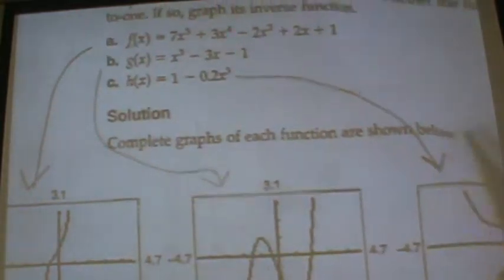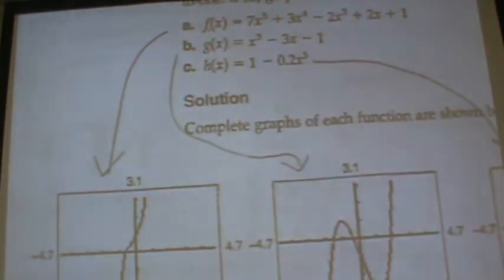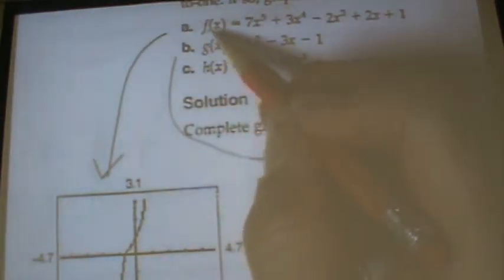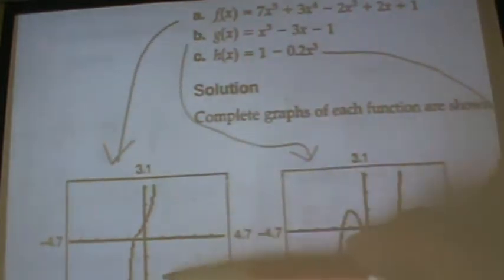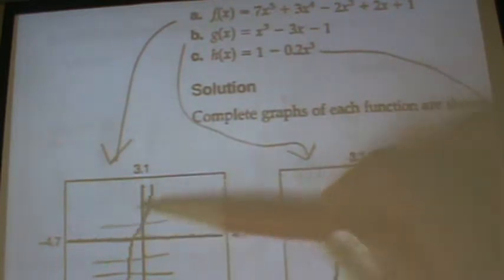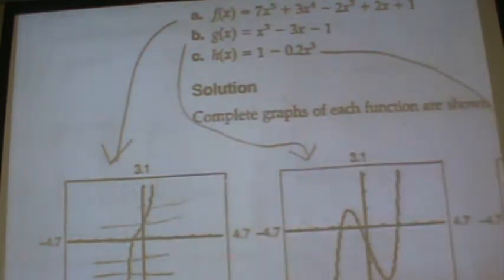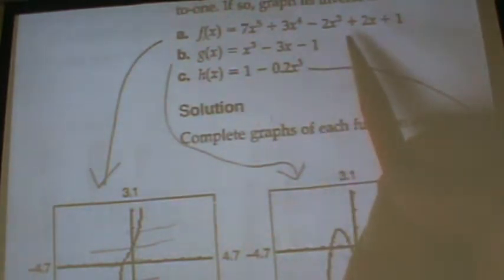It's already graphed for you on the calculator. So this A is right here. Does this pass the horizontal line test? If you were to draw a horizontal line through here, does it only hit in one spot? Yes. So that's an indication that when I do the inverse of this, it will be a function.